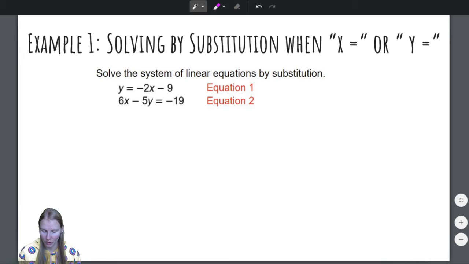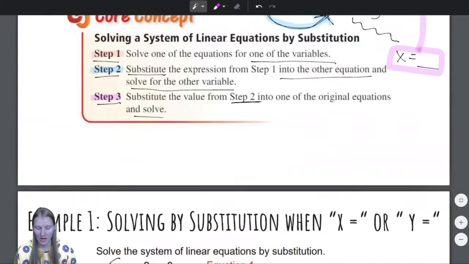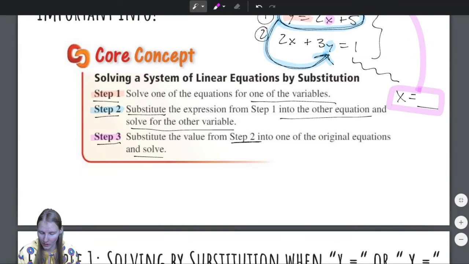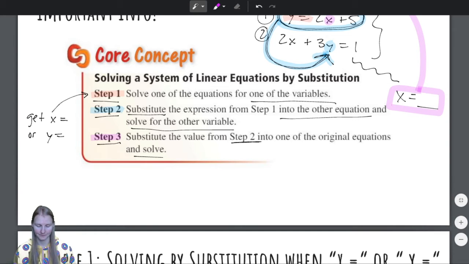We are going to solve this system of equations by substitution. So, step 1, solve one of the equations for one of the variables. And we'll write get x equals or y equals.